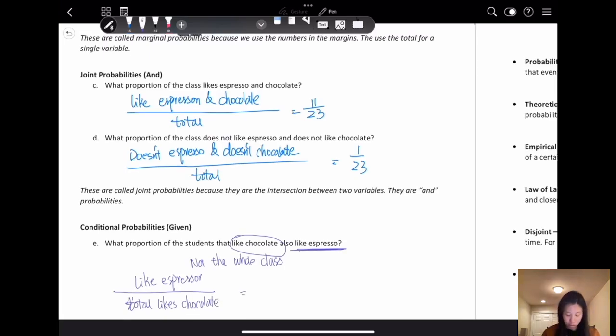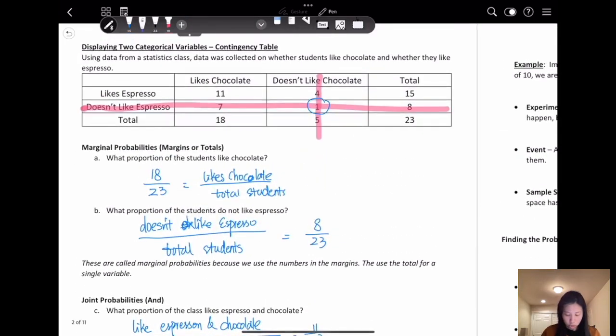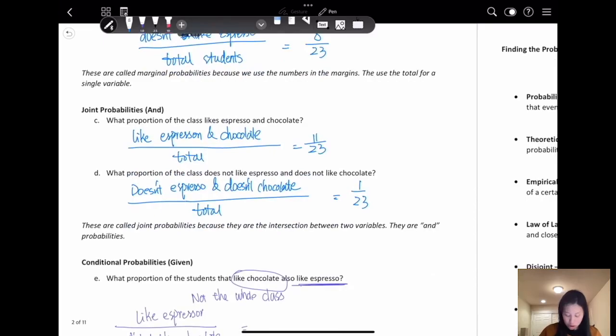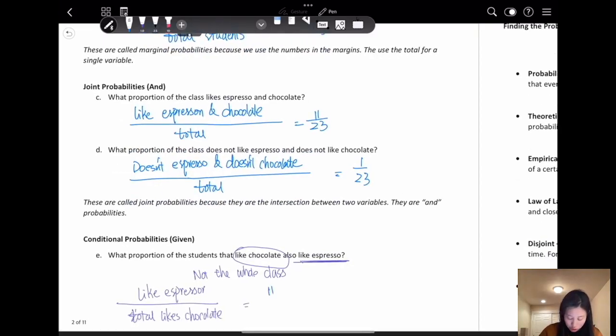So let's take a look. The total number of students who like chocolate is in here, right? There are 18 students who like chocolate. Among those 18, we need to find who likes espresso, which is the 11, right? So we have 11 students who like espresso and also like chocolate.